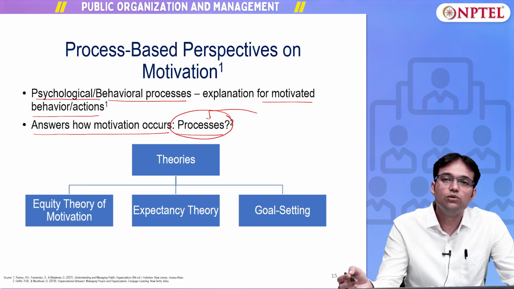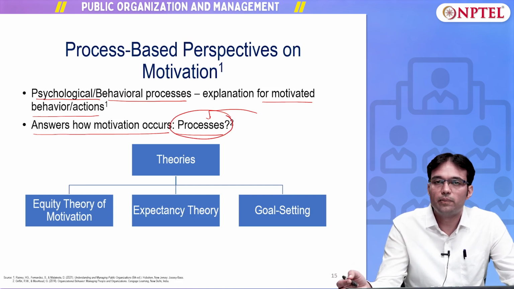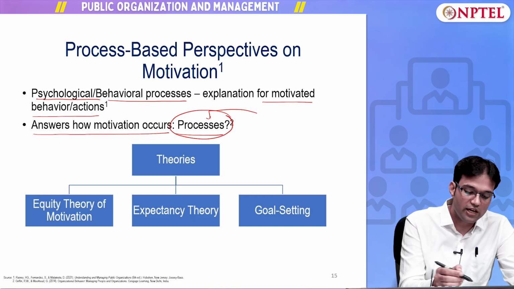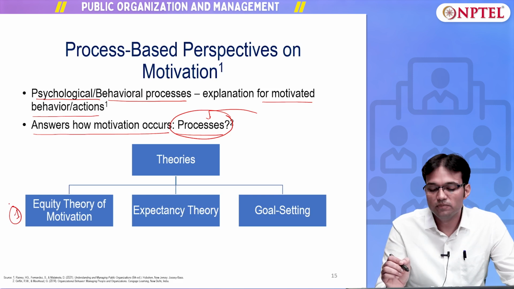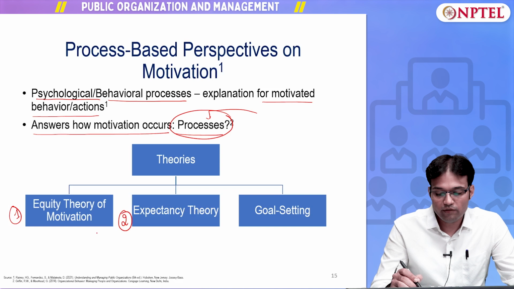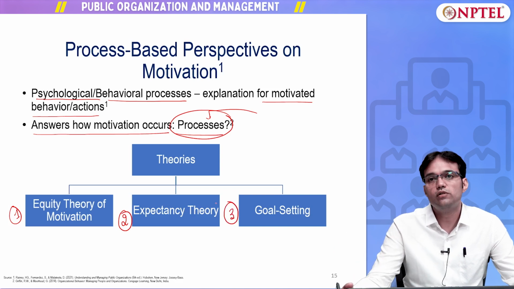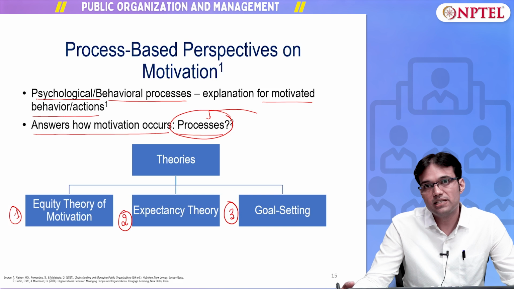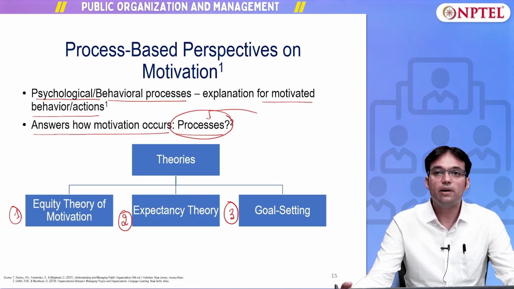So we will look into three broad process-based perspectives on motivation. First, we'll start with the equity theory of motivation. Then we'll talk about the expectancy theory of motivation, and we will conclude with the goal setting theory. Please remember, here the focus is on processes.